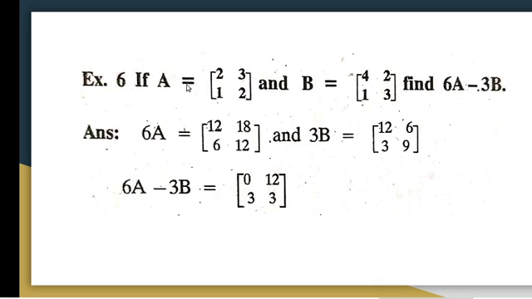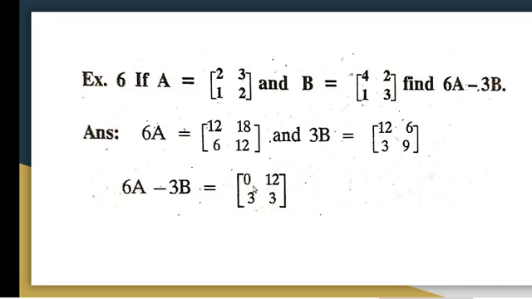Here we have another example. If A is equal to this matrix and B is equal to this matrix, find 6A minus 3B. So first you have to find 6A. This is 6A obtained by multiplying 6 with these elements of A. Then we have 3B obtained by multiplying 3 with elements of matrix B. Then we can subtract 3B from 6A, that is 6A minus 3B.